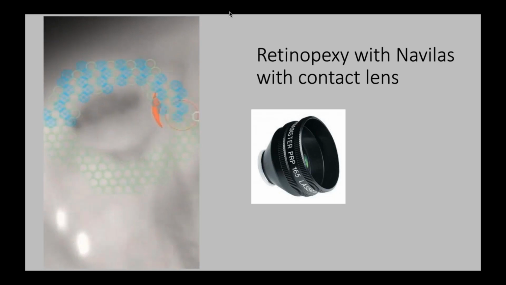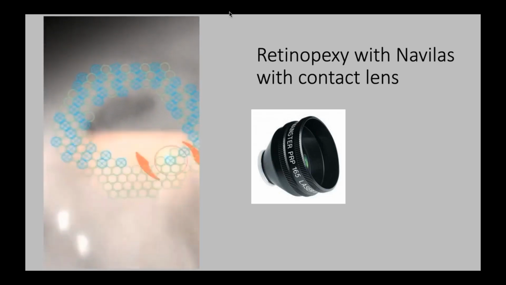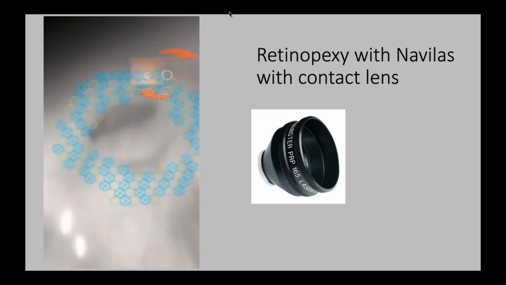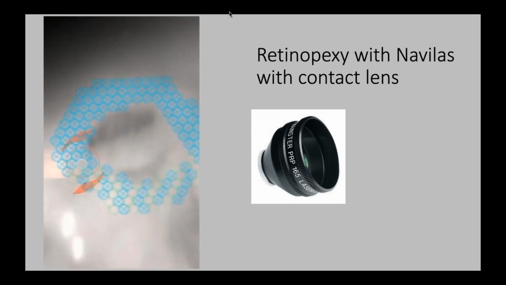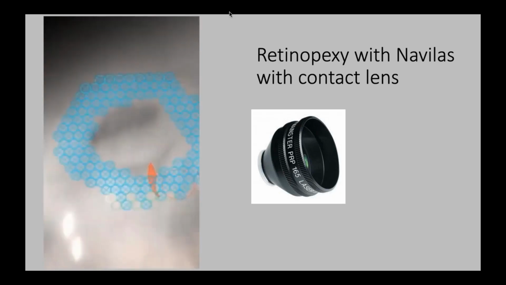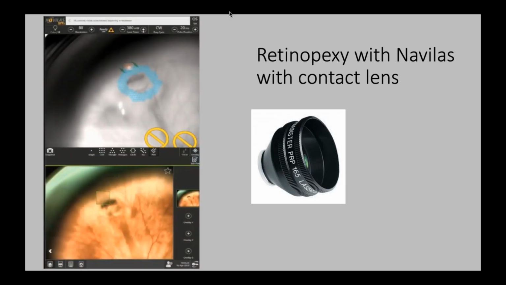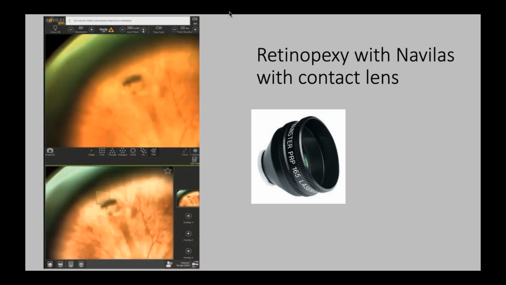This is a zoomed in video of the actual treatment area, and one can see that alternate spots are treated. And this final picture taken at the end of treatment very clearly shows the laser reaction around the retinal tear.